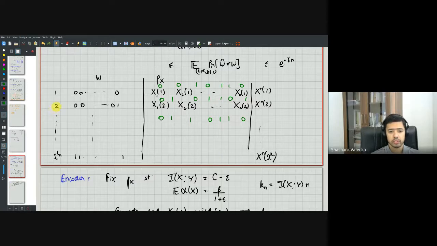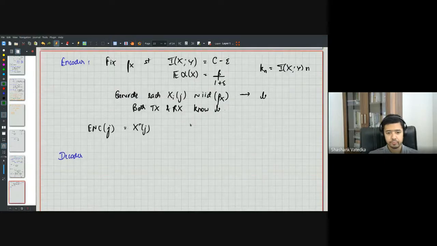So if the actual message is this, then the transmitter sends this particular code word across the channel, one symbol at a time. Okay, and this code word is transmitted across the channel. The receiver gets some particular y^n.